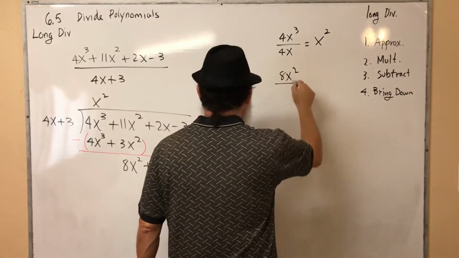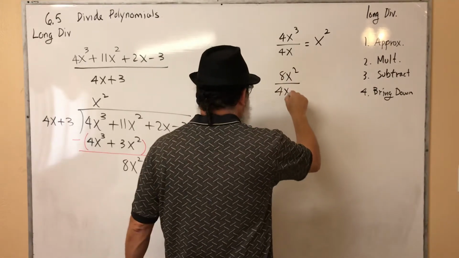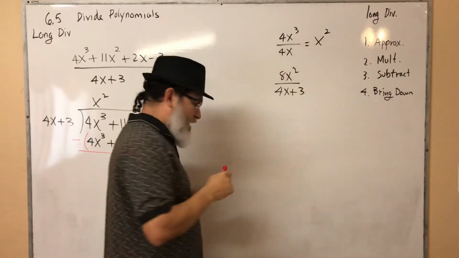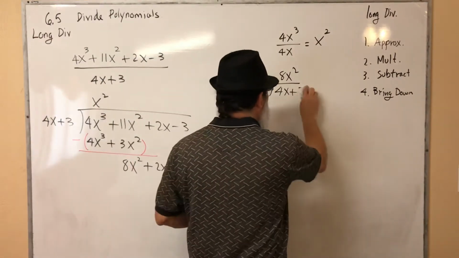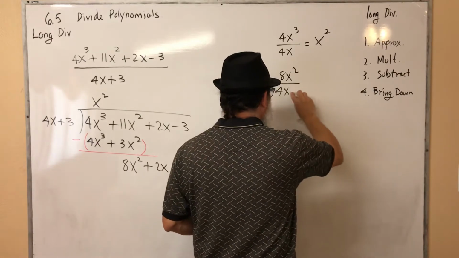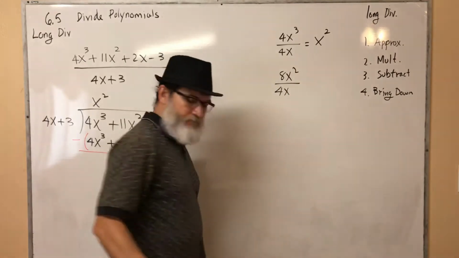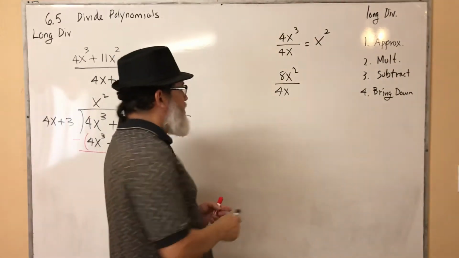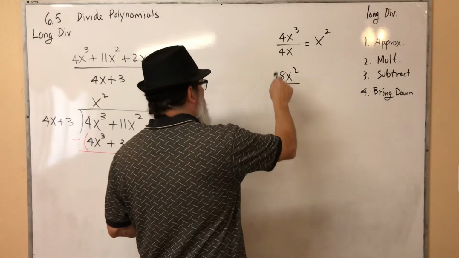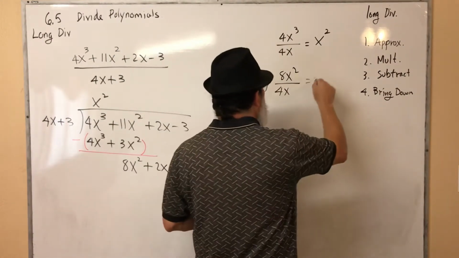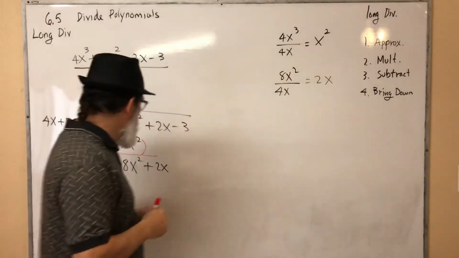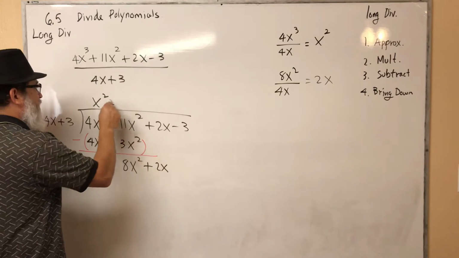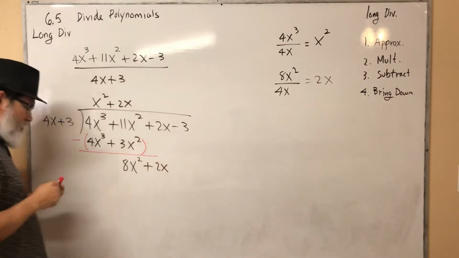Since we just want to approximate, we can drop this 3. Four goes into 8 twice, and x cancels, you get 2x.